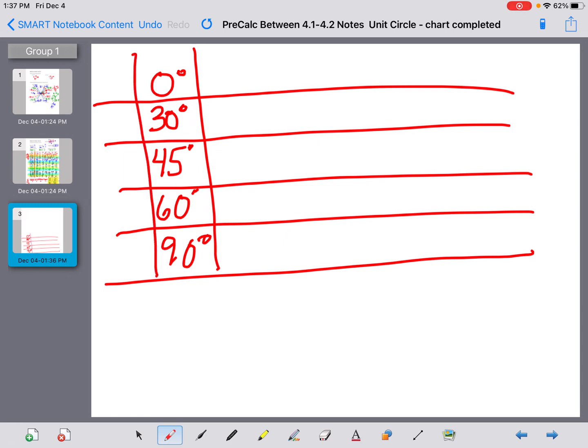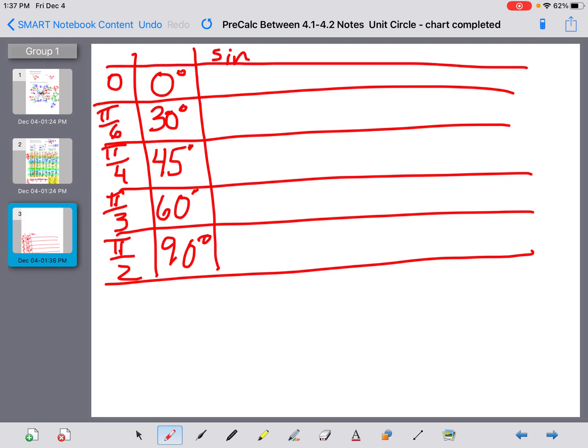Before we go on, let's put radians with these because we just talked about how that really ties us into the right family. So 0 is just 0 radians. 30 degrees, those are my pi's over 6s. 45s are pi's over 4, 60s are pi over 3, and 90 is pi over 2. Okay. And it's so important when we do this chart, when we go to do it, we put sine first. Okay, then we put cosine.